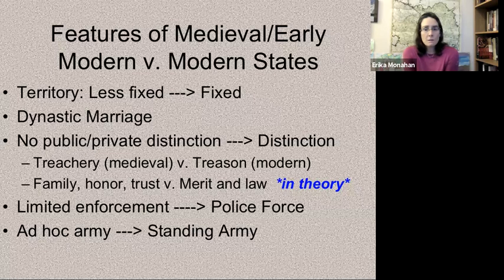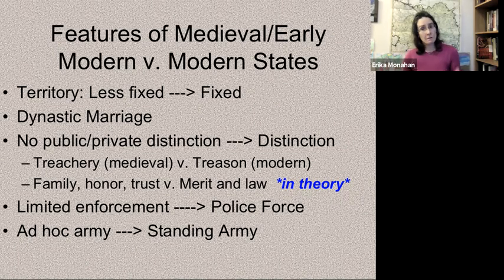next, in the early modern world, we see less in the way of a public-private distinction. Medieval states can sometimes be described as patrimonial states, and it was usually a patris, a man, the father, the man, who was the head of the state, although there are exceptions.